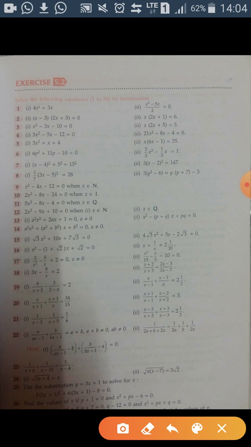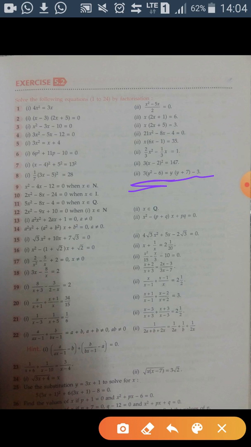Now let's look at number 8's 2. I think you can try this one on your own. First, on the left hand side, we'll multiply 3 with y square minus 6.